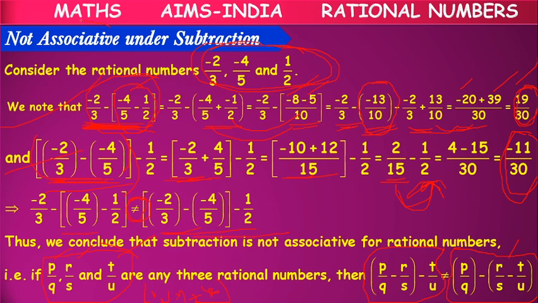So they are not associative. Rational numbers are not associative under subtraction. If we subtract three rational numbers in different orders, we get different results because of the change of order, though the rational numbers are the same.